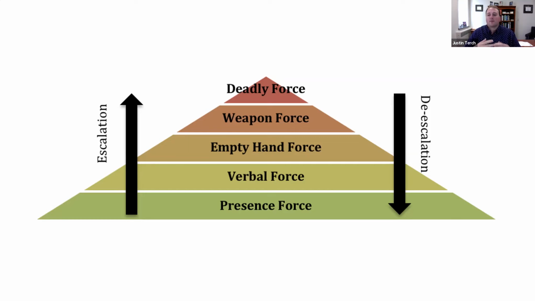Having the type of presence that you are in control of the situation, you're calm under pressure, you give directions as if you have the authority. And I'm not talking about directions to do things that are inappropriate. I'm talking about "stop" or some other command that's reasonable given the circumstances. That actually resolves a lot of things.